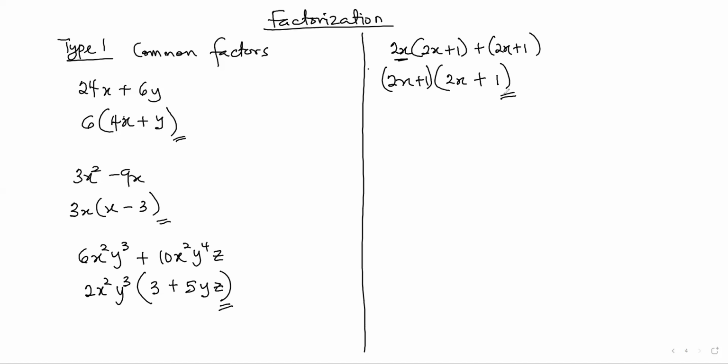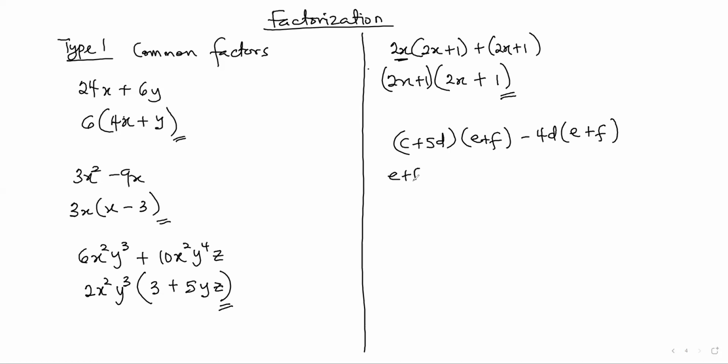Let's take the last one on type 1. If I have (c + 5d)(e + f) - 4d(e + f). So e + f is common to both.